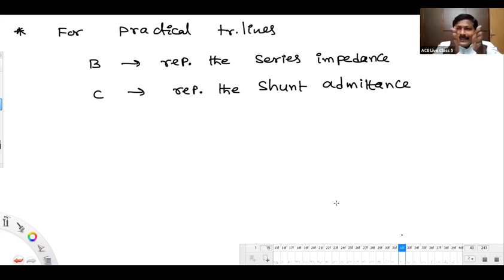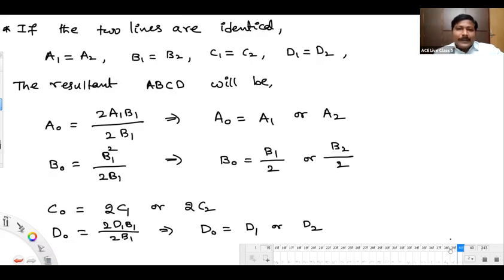If two equal impedances are in parallel, what is the resultant impedance? It will become half. That's why parameter B is becoming half here. Are you getting this one?